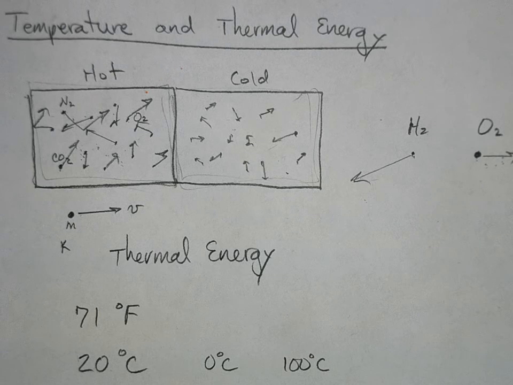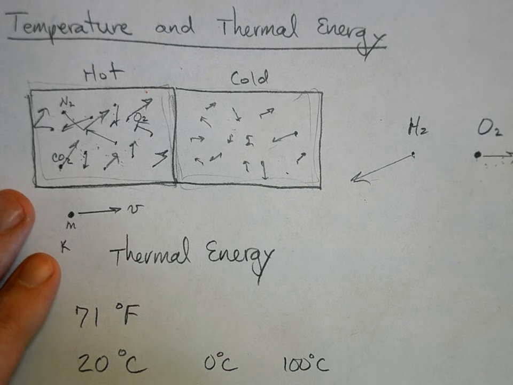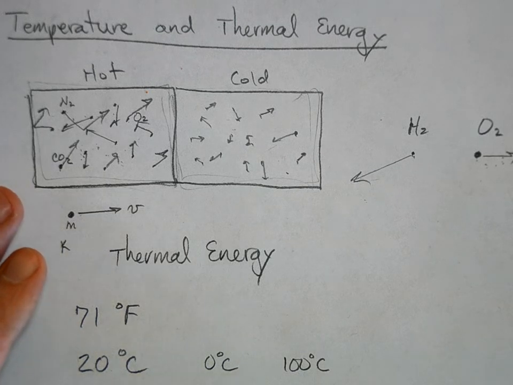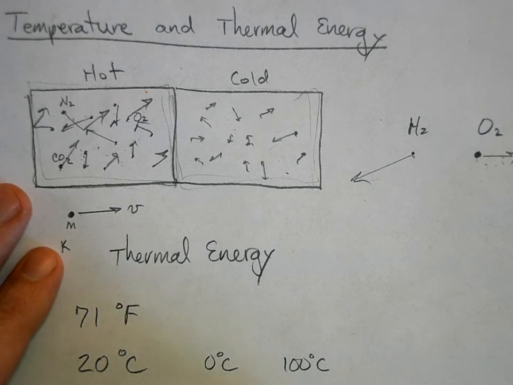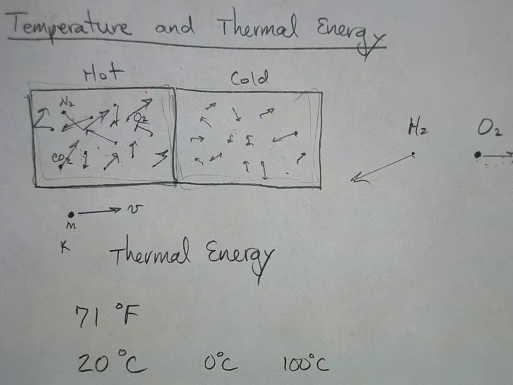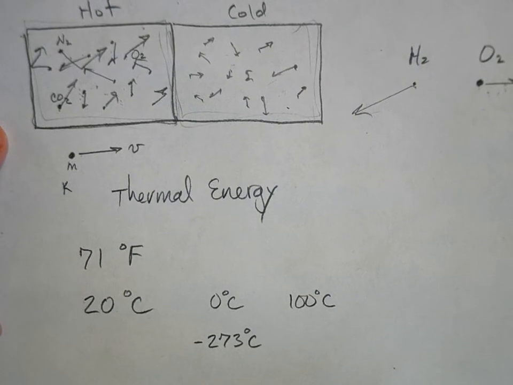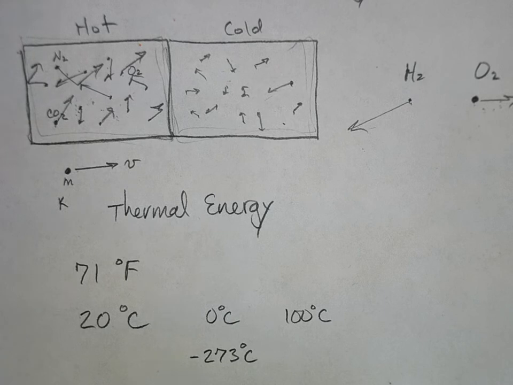At what temperature will the molecules stop moving? It's a little bit under 273, but 273 is close enough. At negative 273 degrees Celsius, these molecules will stop moving altogether.